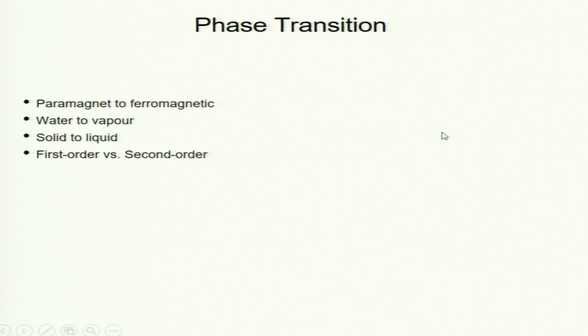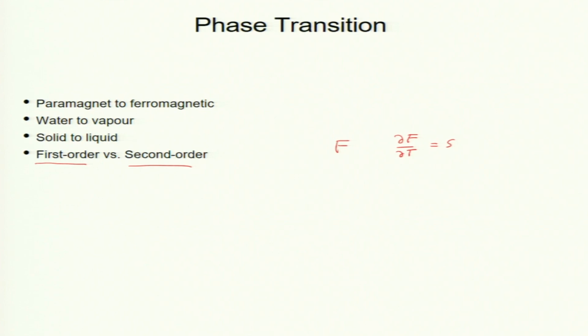Now, you might have heard this word, first order and second order. So, first order: there is a free energy F, right. If I take the derivative of the free energy with respect to temperature, then I get entropy. I may have missed the sign, but this is entropy. Entropy is the first derivative of free energy.